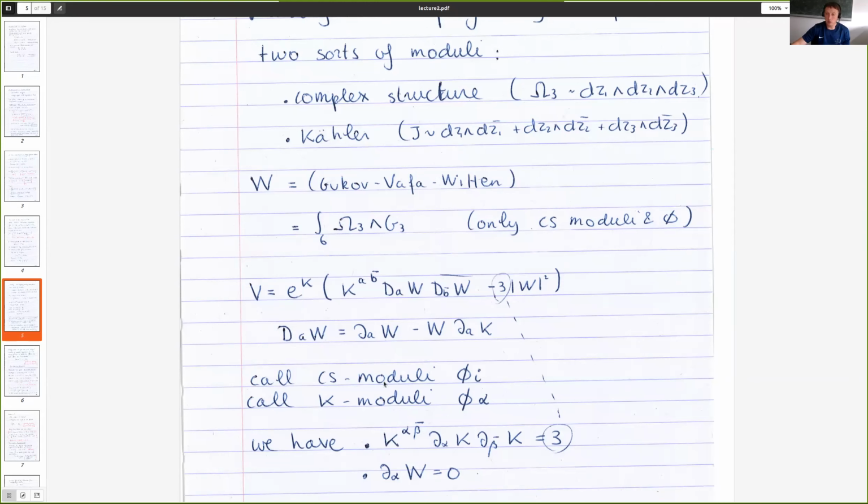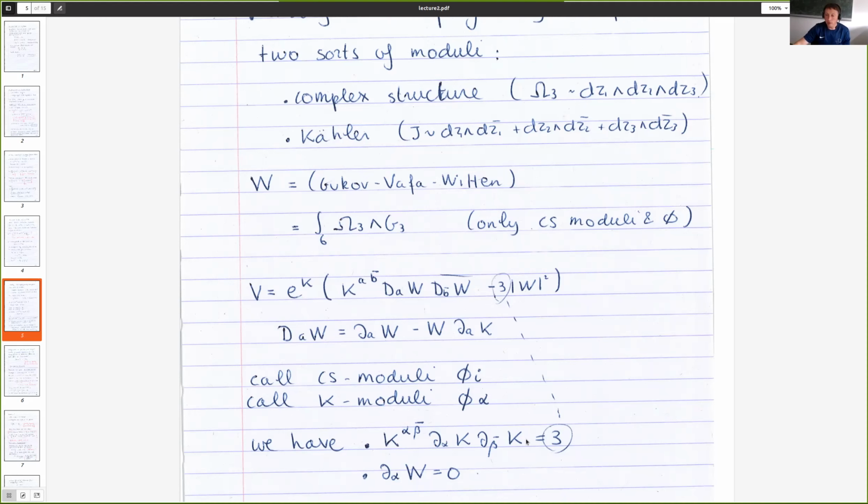So let us for a moment call the complex structure moduli phi with an index I and the Kähler moduli phi with an index alpha, Latin versus Greek indices. Then you can show, and this is textbook material, I don't show it for you, that this property holds. It's a very non-trivial property, and some people call this the no-scale property, but that's a geometric property. You can show that the Kähler metric obeys this equation, at least for compactifications to 4 dimensions.